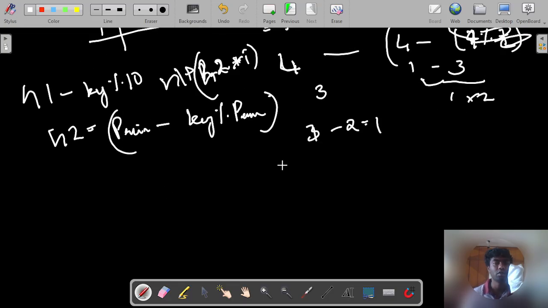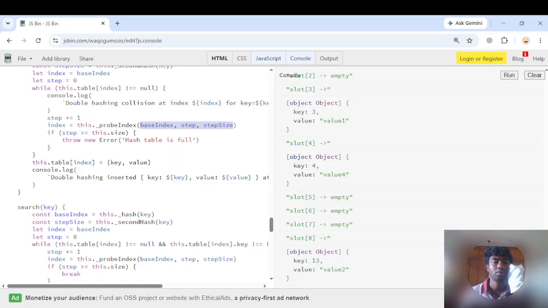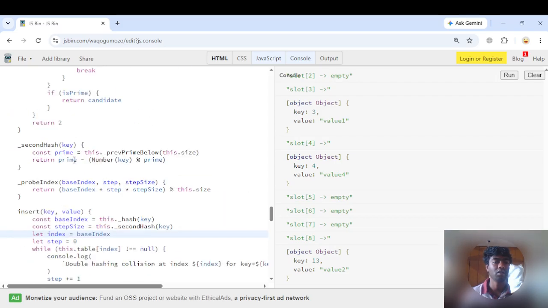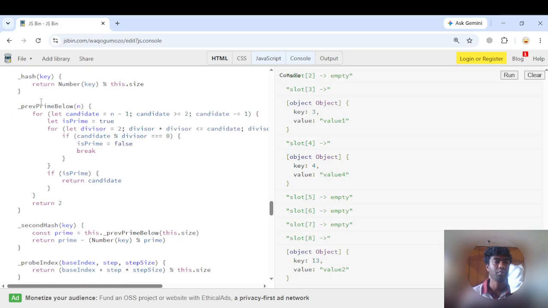Let me move to the JS Bin. I think this was a little tricky, but good to understand it in a simple way. I hope I made this understanding quite easy. Okay, so with the insert function in double hashing, I have a few methods here.